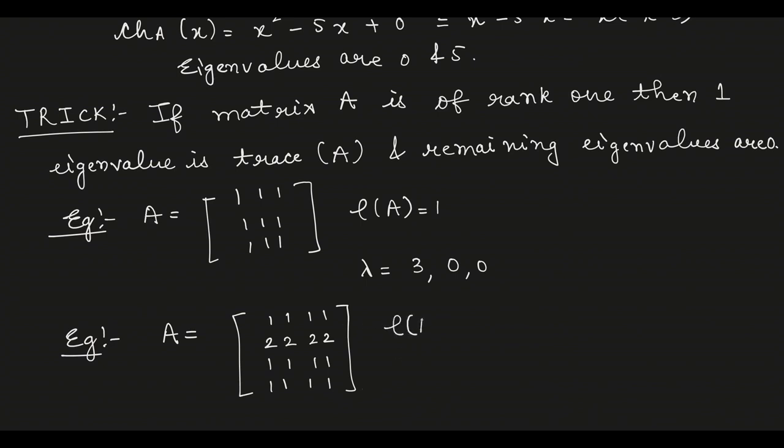This is a rank 1 matrix. So trace and rest will be 0, 0, 0.